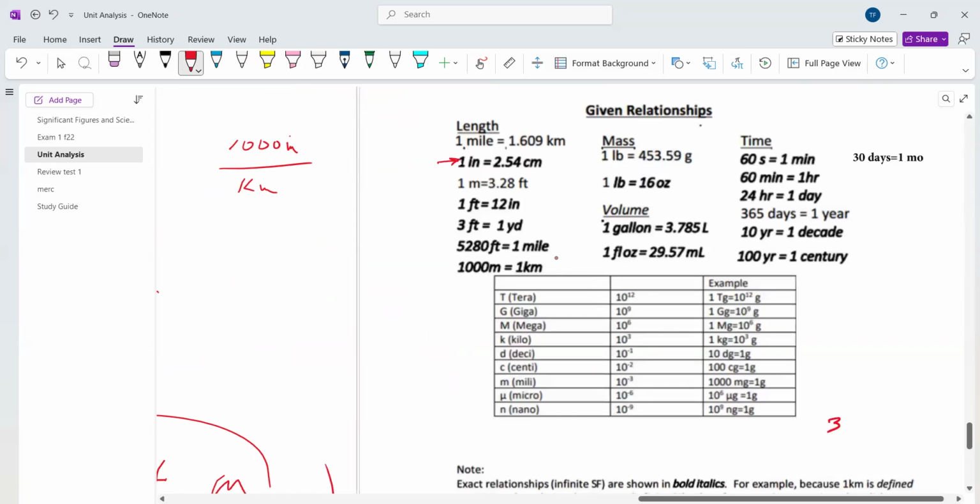Inches and centimeters. And we're using centimeters to meters. And then kilometers to meters.